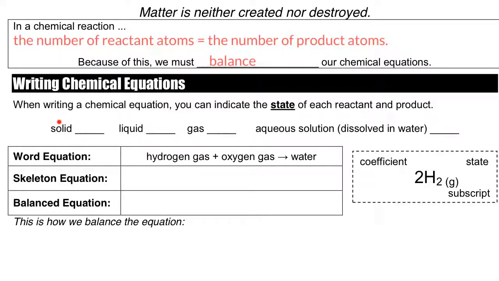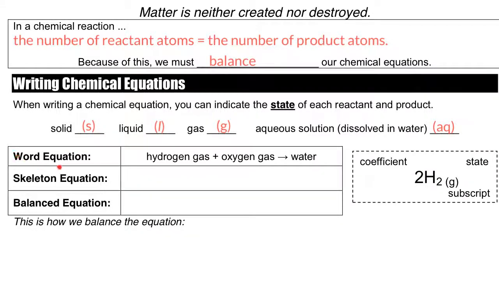So what I mean is whether the chemical is a solid, a liquid, a gas, or aqueous, which means dissolved in water. If the compound is a solid, we denote that with an S. If it's liquid, we use an L, gas is G, and if it's an aqueous solution, meaning dissolved in water, it's AQ.